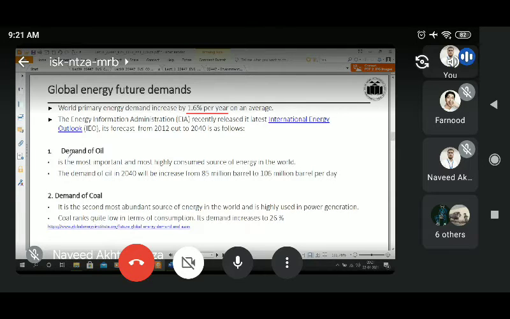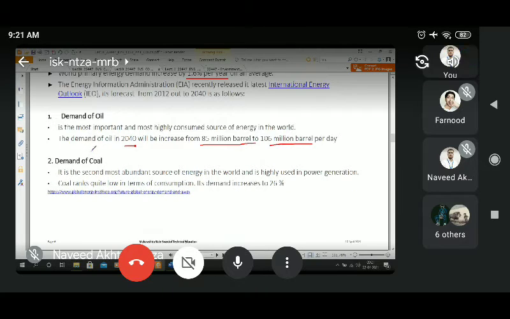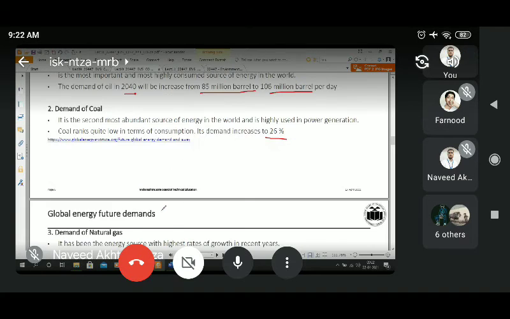The demand for oil is the most important and most highly consumed source of energy in the world nowadays. The demand for oil by 2040 will increase from 85 million barrels to 106 million barrels per day. So these are the future demands for global energy. Demand for coal will also increase by 26%.